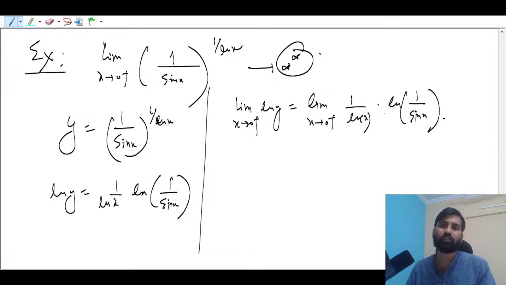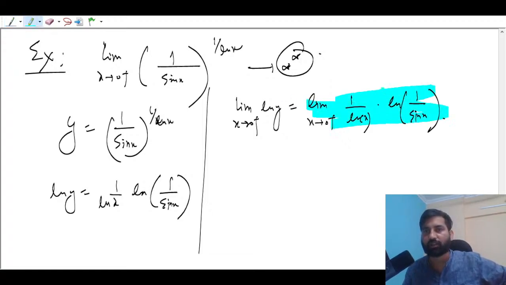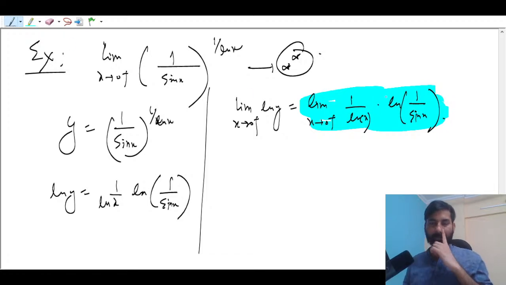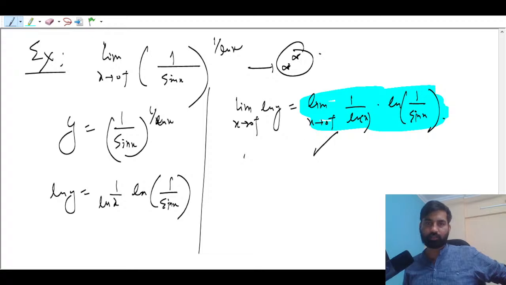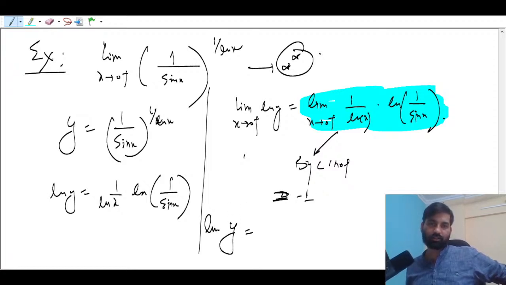Now you have to solve this because in the numerator it is ln 1 by sin x, so you can apply L'Hopital, differentiating the numerator and the denominator. By L'Hopital you will get minus 1, so y limit as x tends to 0 plus is e raised to power minus 1, which is 1 by e.